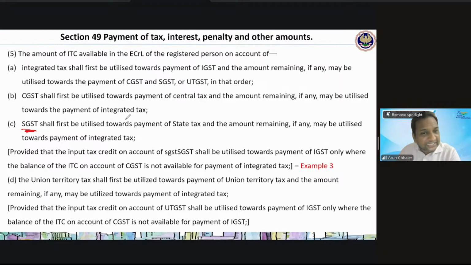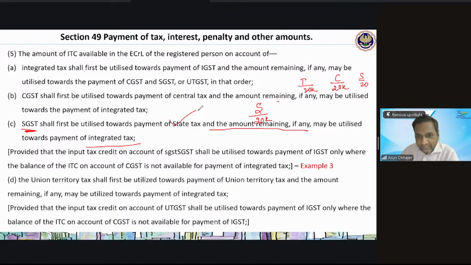S also says that the amount is to be used toward payment of SGST, and then if remaining, it can be used for I. The question remains the same. S has ITC of 20,000. There is a liability of I 20,000, of C 20,000, and of S 20,000.